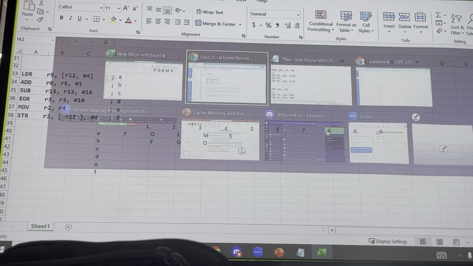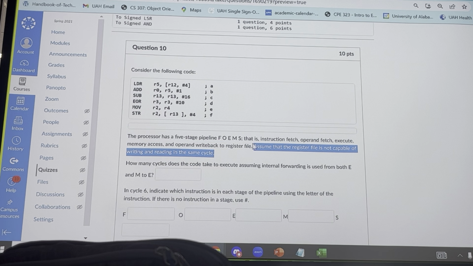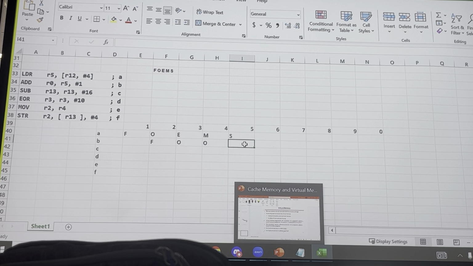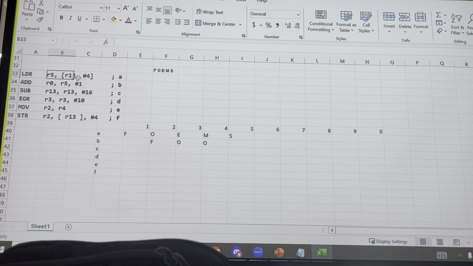We don't have that, or do we? Make sure. Not capable of reading and writing in the same clock cycle. Okay, so if that's the case, we can't send something to the same clock cycle. It can happen on the next one. Otherwise, we'd have to wait for R5 to have something, which is S, but we get it here. So O happens here, and then we can move on.